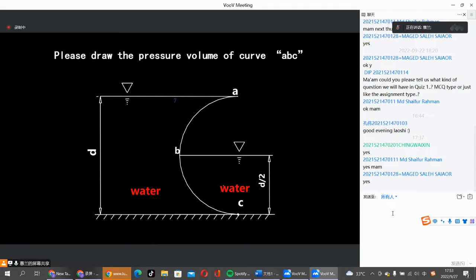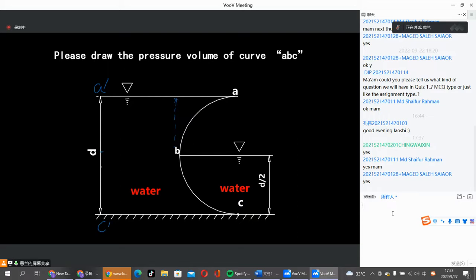Respectively, ABC left water. So for the left water, the horizontal force will be equal to the pressure at the centroid of the vertical projection area, A'C', right?